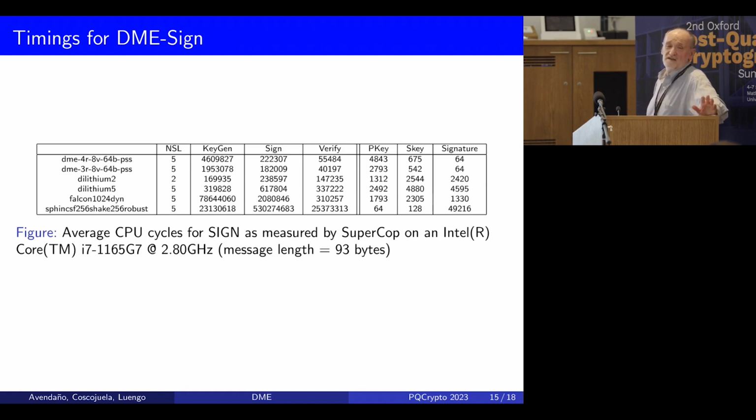This is the smallest one, 65 bytes for category 5. The public key is also small, just 4,000 bytes, or 2,000-something for 3 rounds.